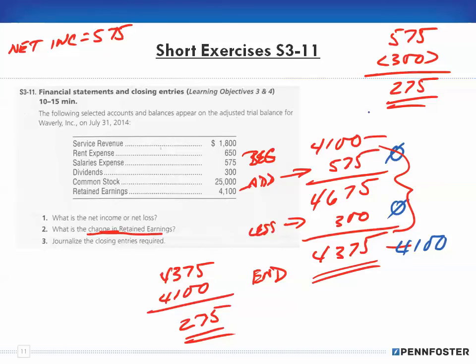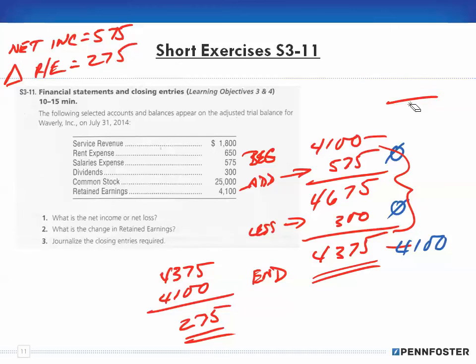Okay, so I know that I could just take into consideration my net income and my dividends in order to know what the change in the retained earnings is. Okay, so let's see here. I'm going to put this, that triangle means change, for retained earnings is 275, right? And then it says journalize the closing entry.